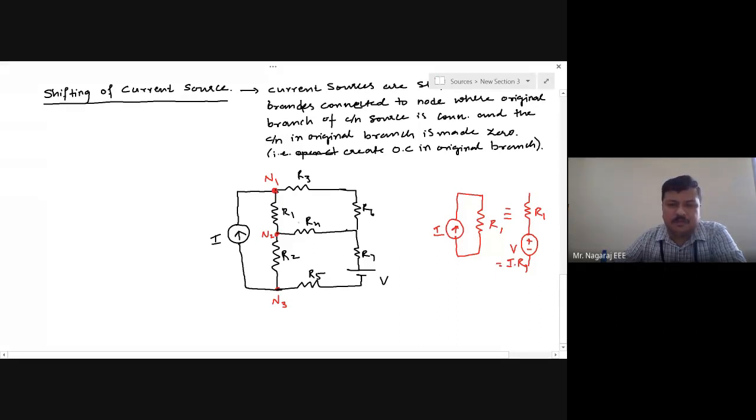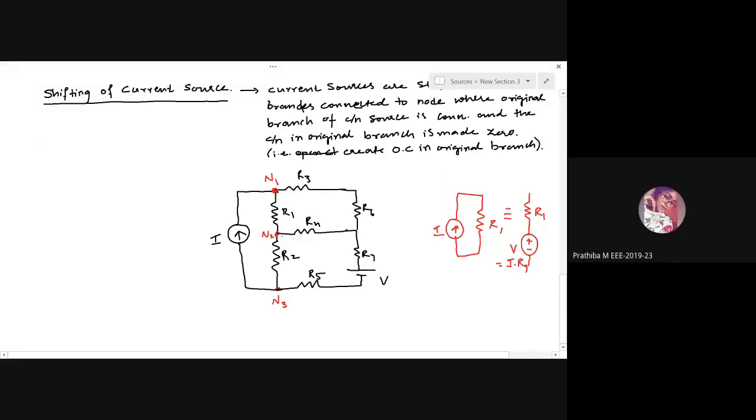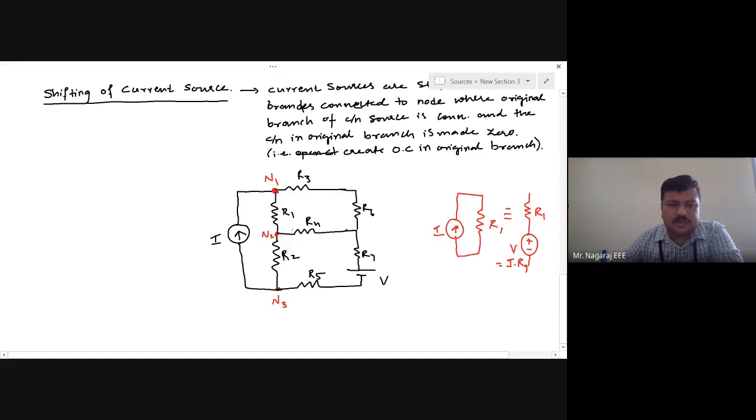If it was in parallel with R1 and R2 connected in series, then I would have taken I in parallel with R1 plus R2 and converted this. That would have been very easy. But now, getting an equivalent circuit here is a bit difficult. Can you imagine getting a direct equivalent circuit here easily? No. Without a particular transformation technique, we can't.